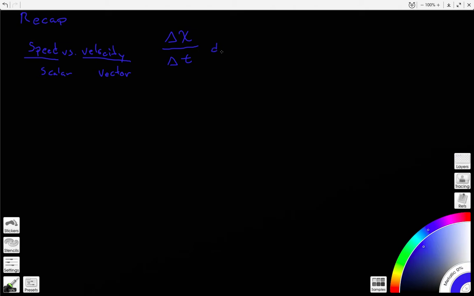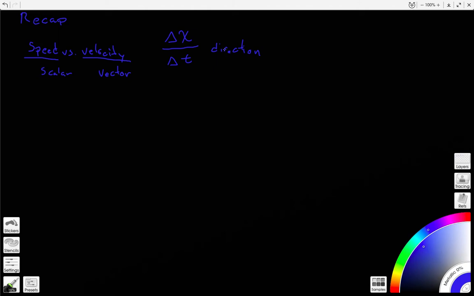So let's put it here, direction. Right? So that's the main difference between speed and velocity. Both are quantities that are indicating a change in displacement, a change in position over time, but velocity will be giving me a little bit more information since it will be giving me the direction.